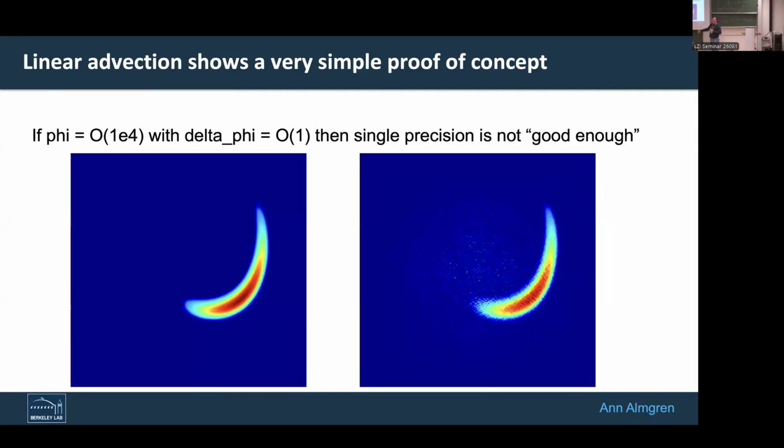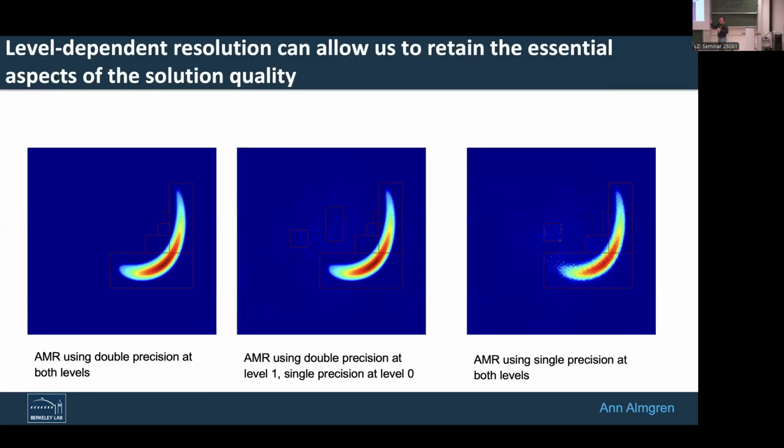Some preliminary experiments here: if you do this solution in double precision, you can see clearly there's a lot of artifacts in the single precision case. There's little refinement boxes here.